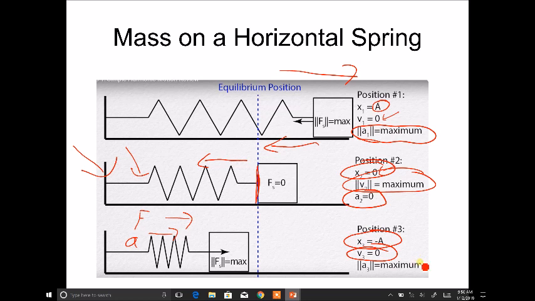At that point, it's going to have maximum acceleration because the restoring force is going to be at a maximum, pushing back toward the equilibrium. So once it gets to that point, instantaneously, it's going to start to move back. It'll move back toward the equilibrium position going in this direction, and we'll repeat over and over and over again. Remember that in simple harmonic motion, the restoring force and the acceleration are going to be proportional to the displacement.